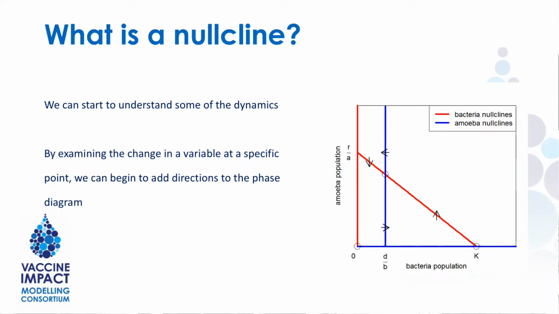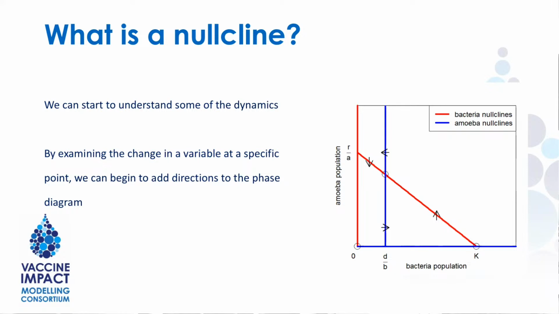On the graph, I see the amoeba null line as the blue line, but we hold constant the bacteria population. Is that what is happening? On the amoeba null line, it's only the amoeba that's not changing; the bacteria can be changing. We're not holding it constant. These are just example arrows.